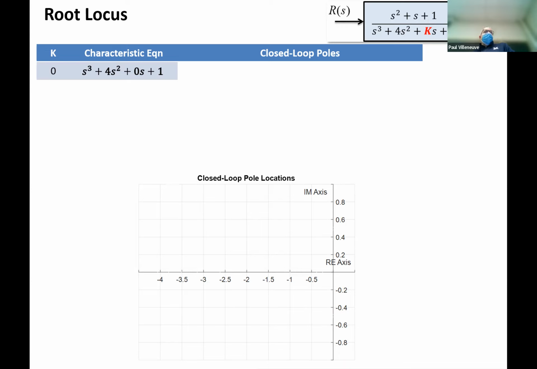Is there any information that you know, based on looking at this, that will help you determine anything about its stability? Anything relevant or useful? There's one little piece of information that we can glean about its stability just by looking at this basic characteristic equation. Anybody want to guess?